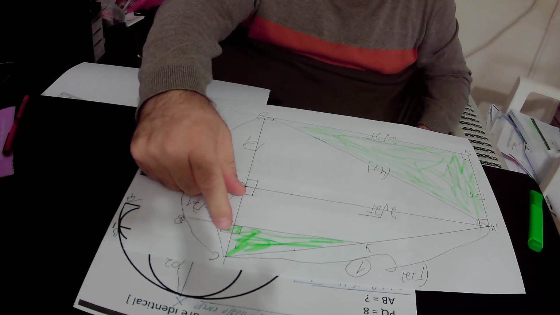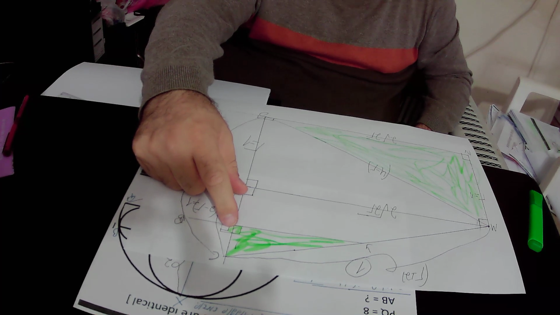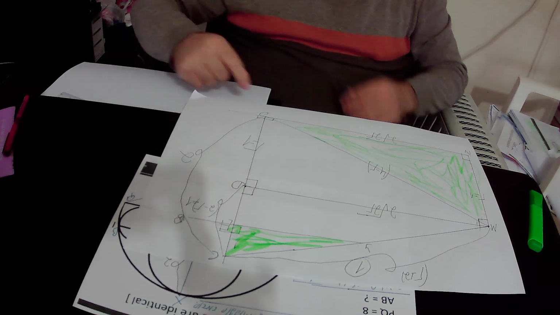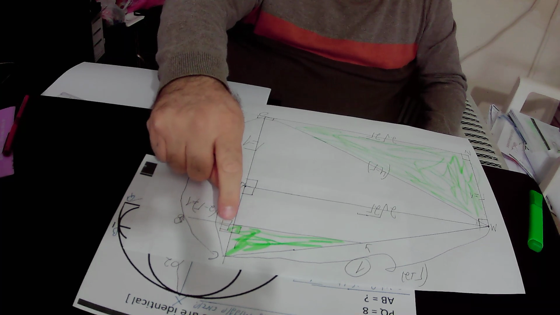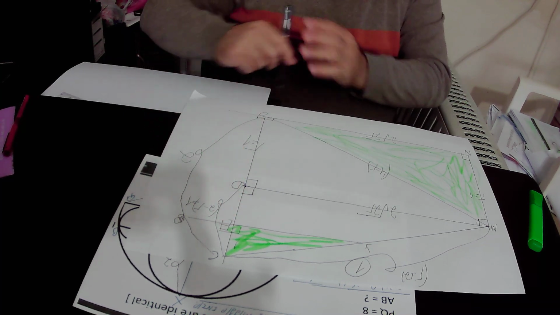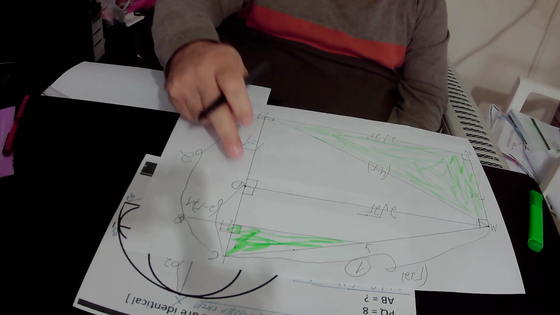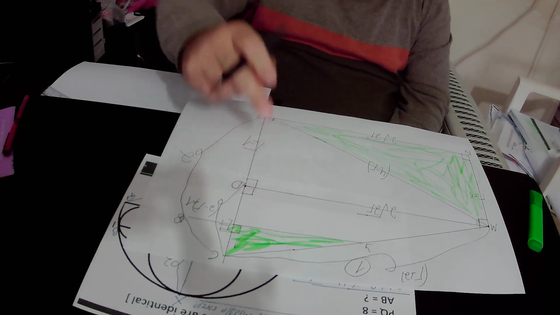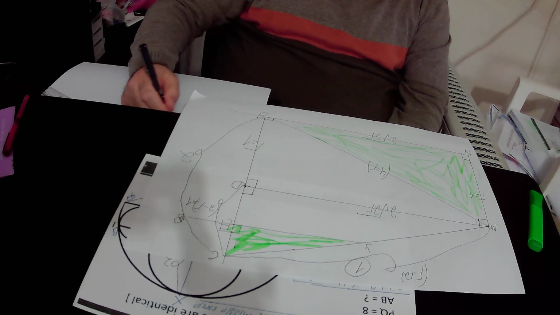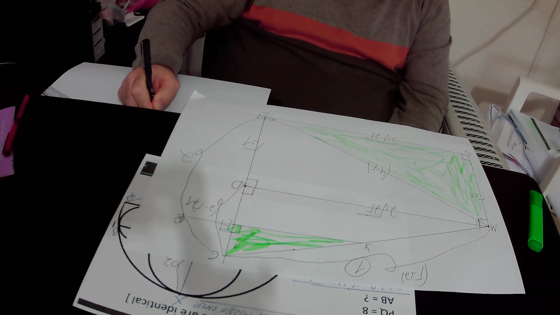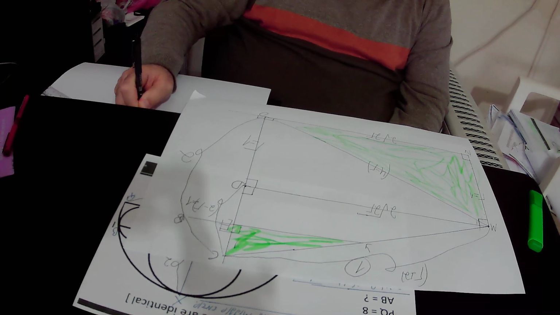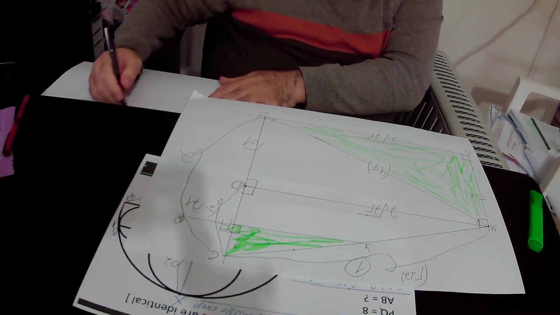First of all, those two angles are right angles and they are equal to each other. So this angle CEY in triangle CEY equals angle CDM in triangle CDM, and they are both equal to 90 degrees, they are right angles.